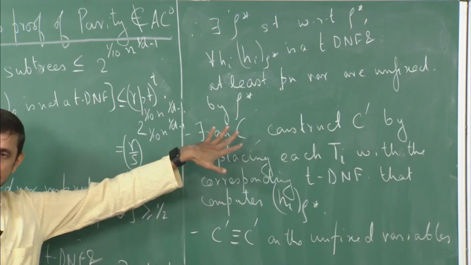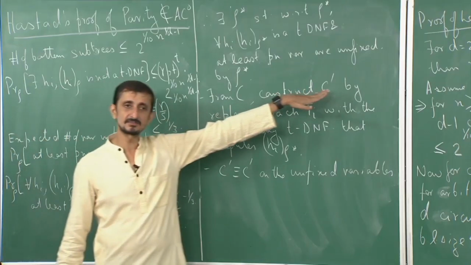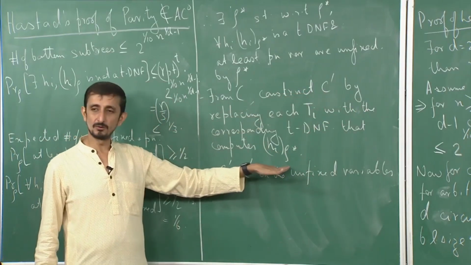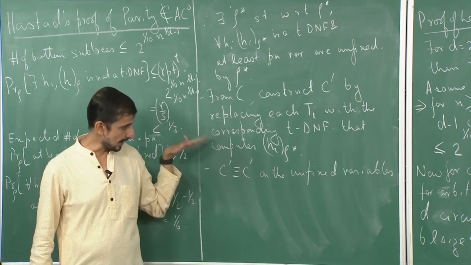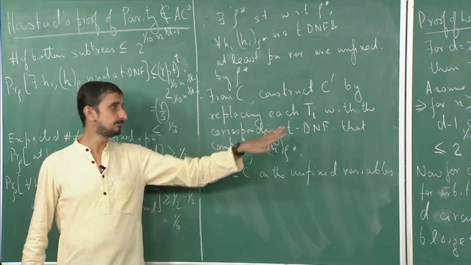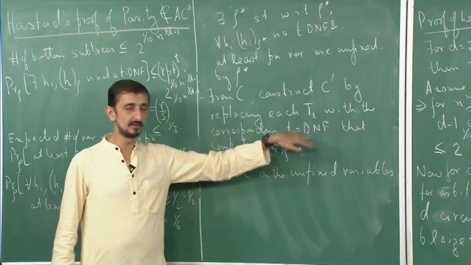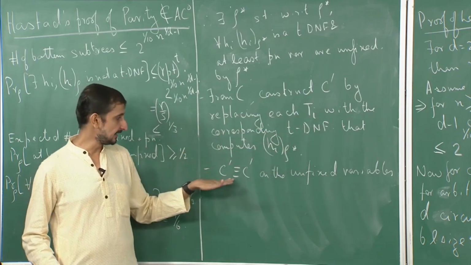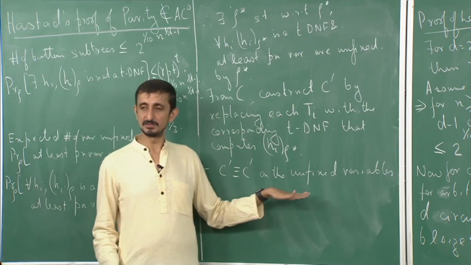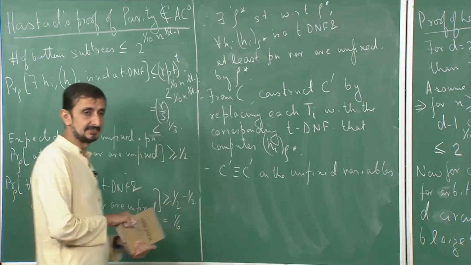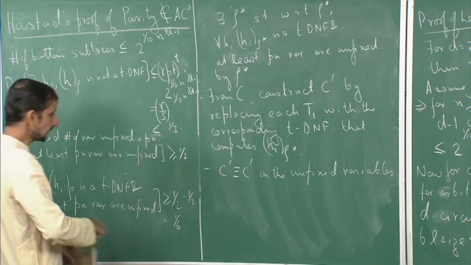So, I take my circuit C. Firstly, what I do is construct C prime: I take that particular rho star and apply the switching lemma, get a corresponding T DNF, and replace each of those Ti's with the corresponding T DNFs. So, I get this, and on the variables that are not fixed, both these circuits are exactly the same, right.